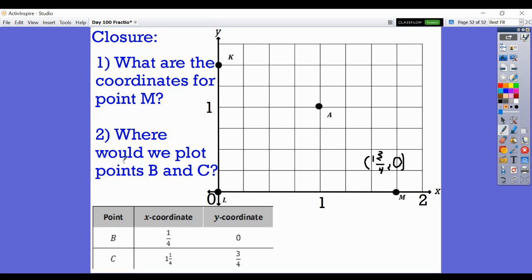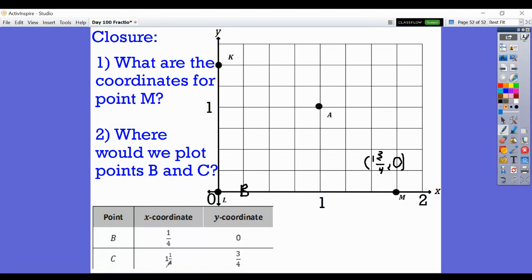Where would we plot points B and C? Well, here are B and C. So the x-coordinate for B is 1/4, and the y-coordinate is 0. So B would be right here.